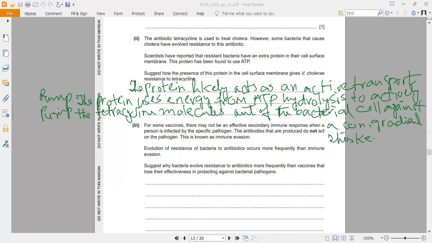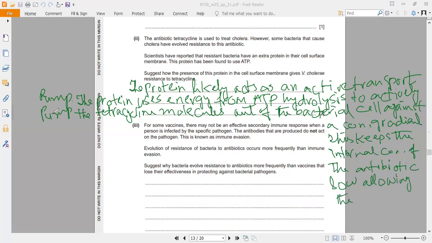This keeps the internal concentration of the antibiotic low, allowing the cell to survive even in the presence of the drug. So it pumps the tetracycline out of the cell.